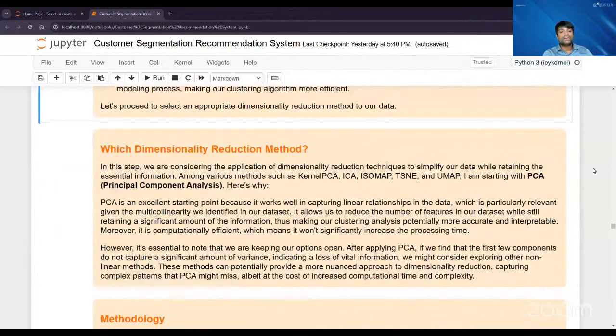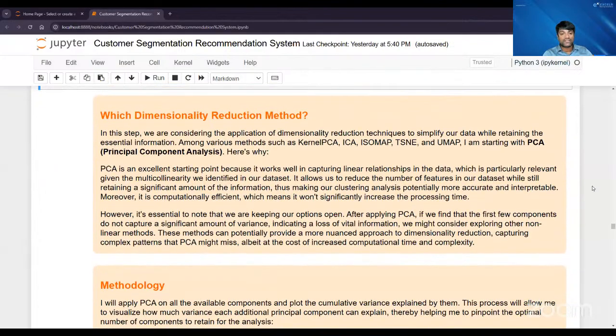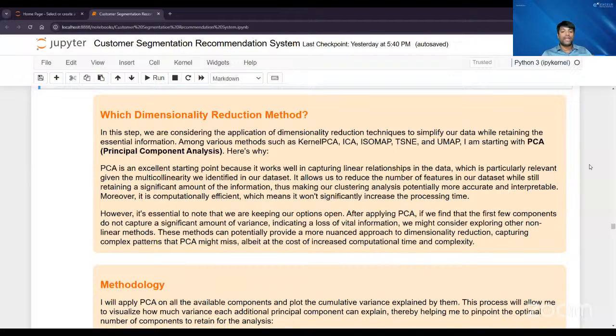Next, if we go down, there are many methods, as I already told you. The main important method I'll be focusing on is principal component analysis, which is the PCA. We will go through later how this PCA works.